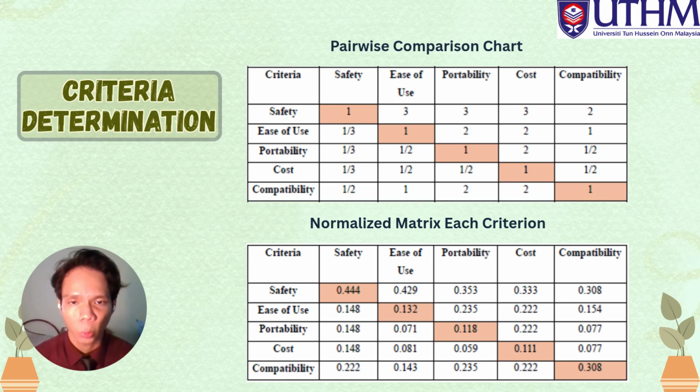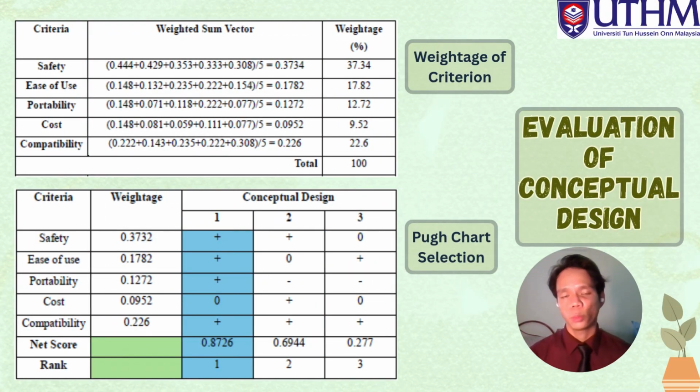From this, we can determine the normalized matrix for each criteria, which we can see on the bottom. So we have 0.444 score. You can see it by your own. The least value is 0.059. So move to the next one. From the matrix table, we can determine the weightage for each criteria.